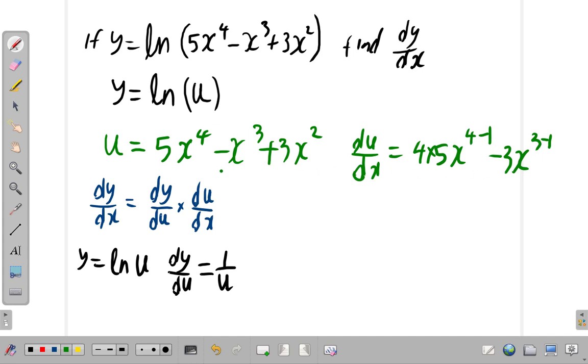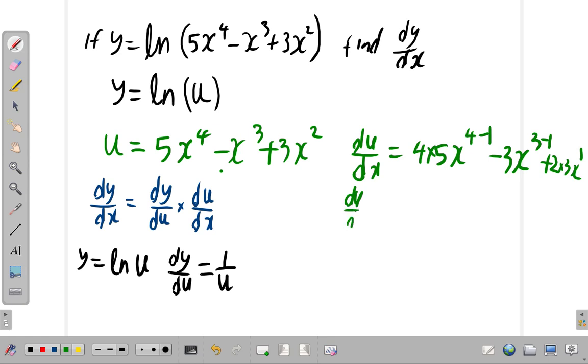Then plus 3, but the thing is, you don't write the 3 yet, you bring the 2 down, multiply it by the 3. Remember the rule. So it's 2 times 3 x to the, and then you reduce the whole power by 1, x to the 1. So let's find out what du by dx is.